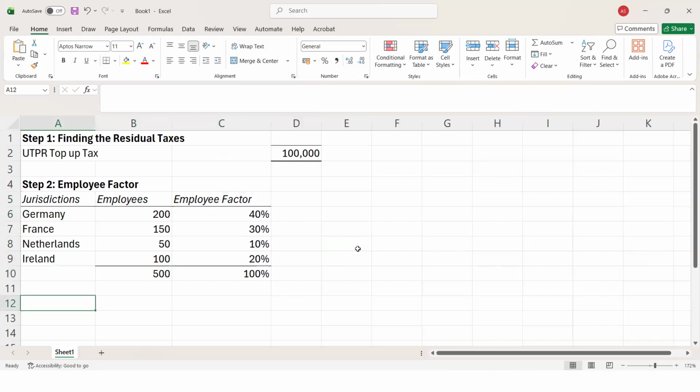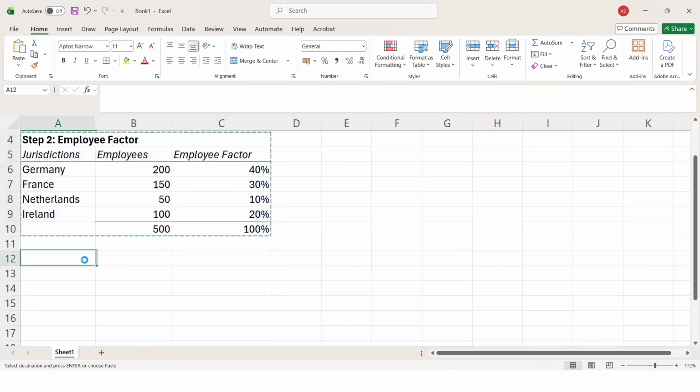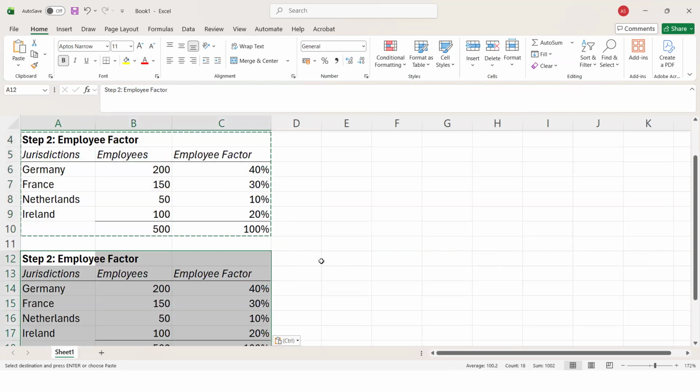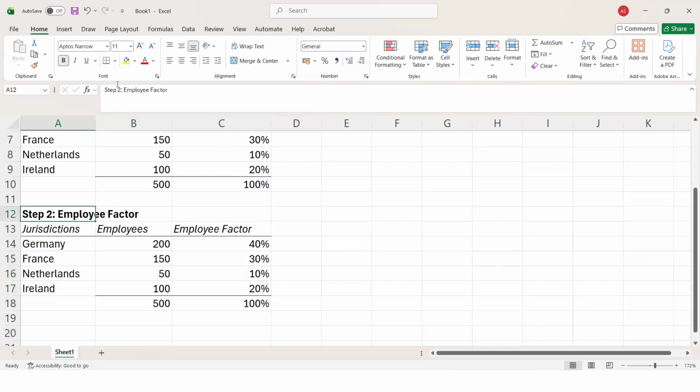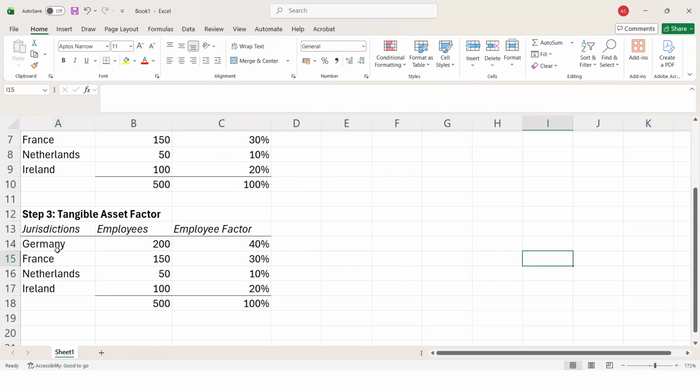Now what do we do? We have to also find, I'll just copy this here. What is the next thing we will do? We will find the tangible assets factor, correct? So step 3 is we will find the tangible asset factor of the same jurisdictions. What are the tangible assets?